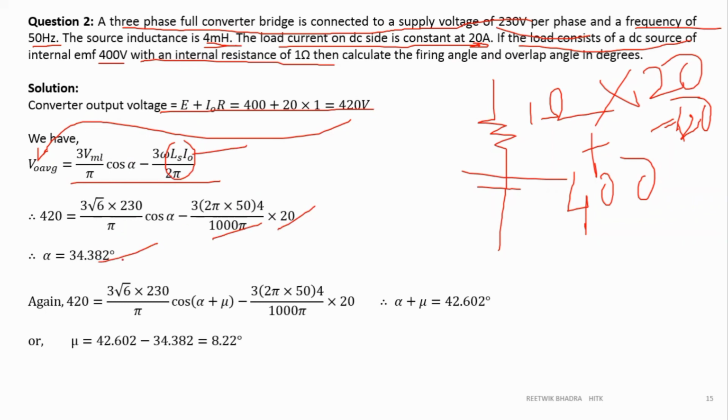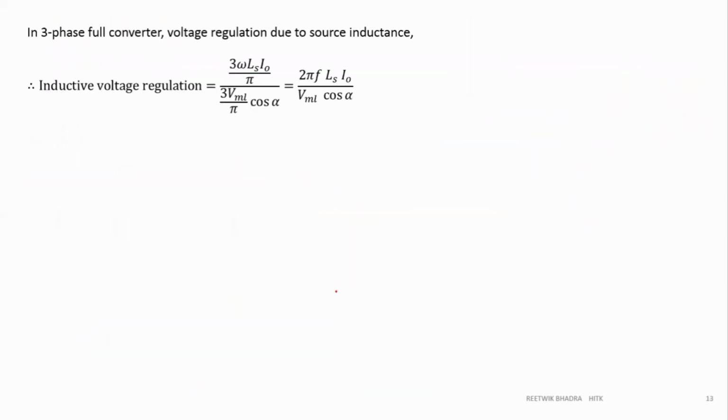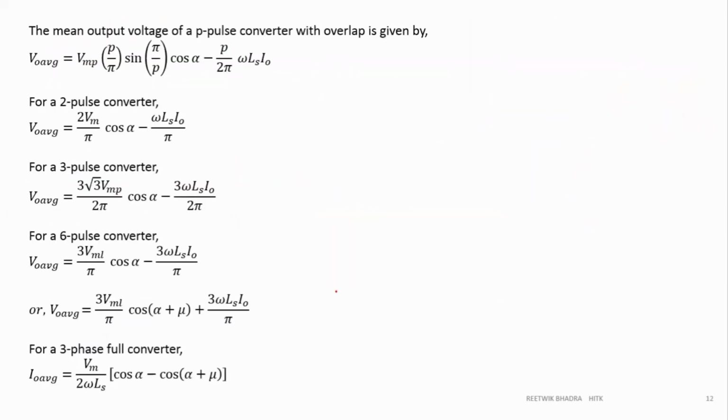We have got the firing angle, then written the equation in terms of alpha plus mu. That is why I was telling this: these equations are written in terms of cos alpha, and this equation is written in terms of alpha plus mu. So you need to know both equations.